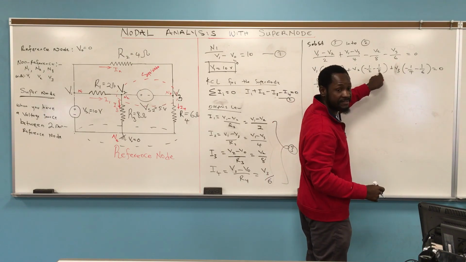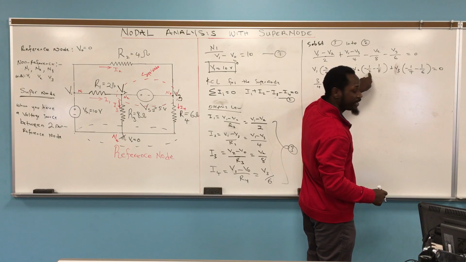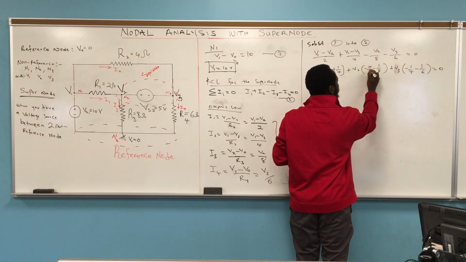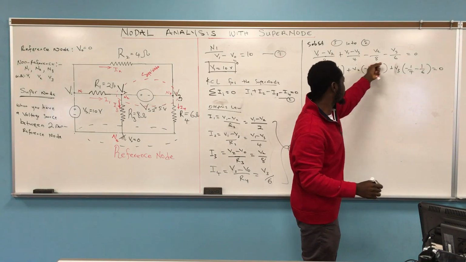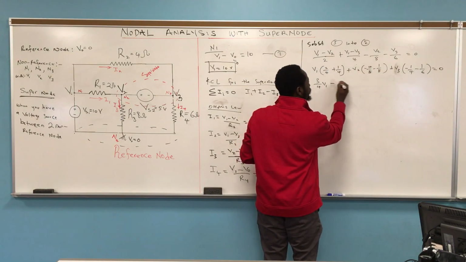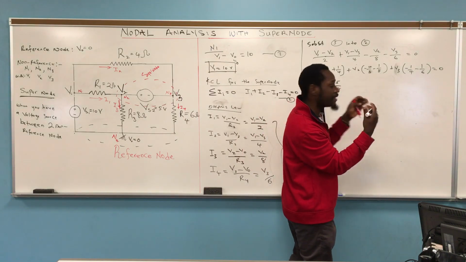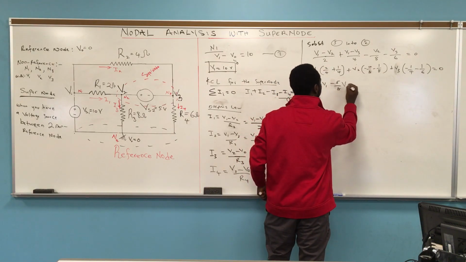The highest denominator is 8, so 1 over 2 is the same thing as 4 divided by 8. Now I can directly add them, so this will be minus 5 divided by 8, because they are both negative, they add but maintain the negative.